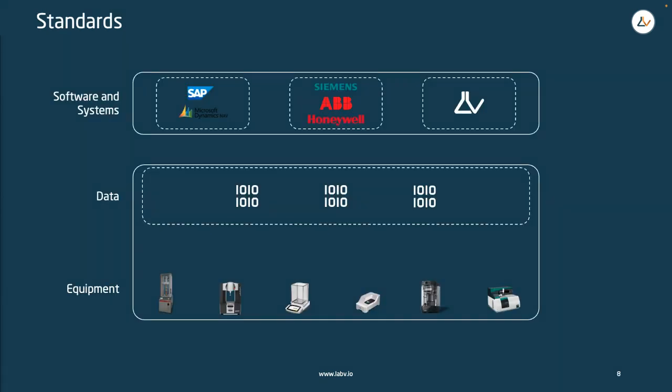And I want to talk about three different categories of important words and technologies. The first one will be the standards. A standard is basically what defines how devices communicate with each other. If you have a look at it, it's between your lab equipment and the software or systems, right?